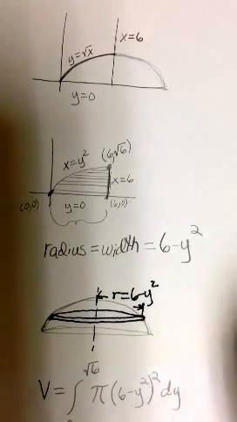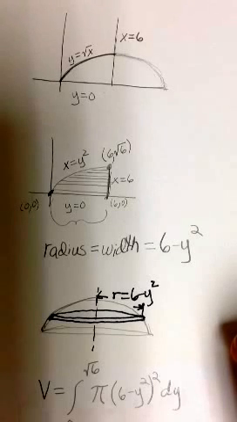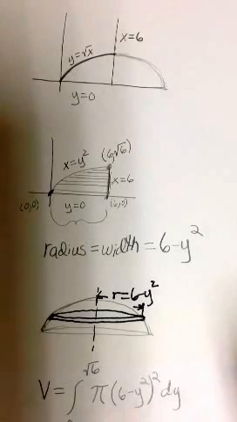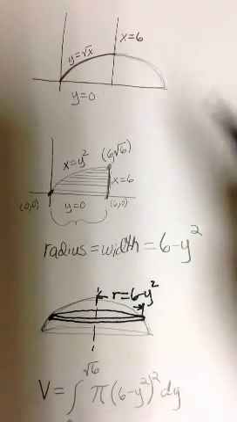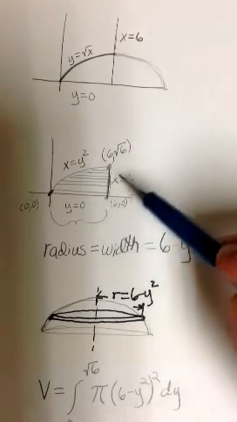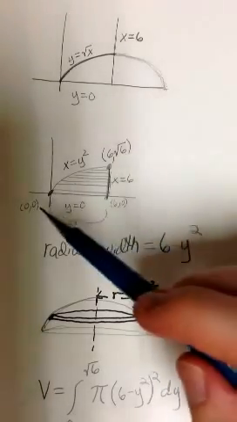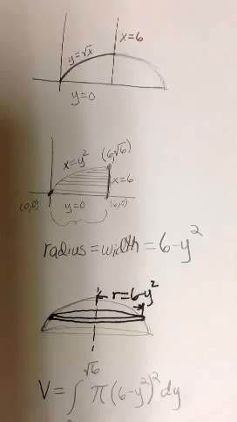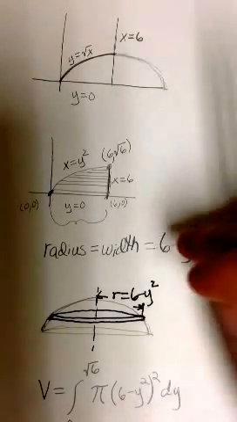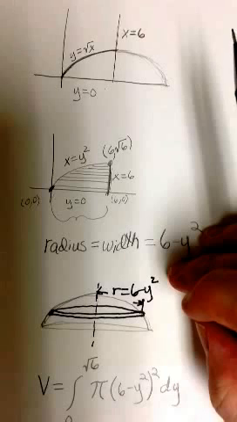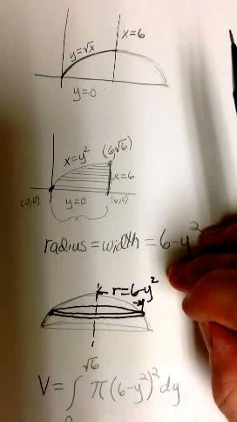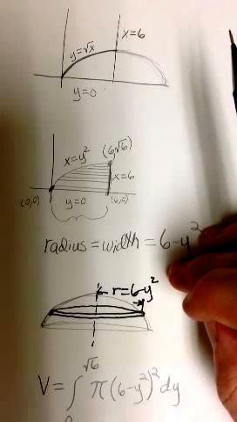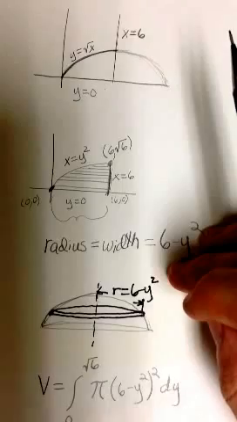And now for the volume that is going to be generated about the line x is equal to 6, we're going to integrate over y. So we have at the base y is equal to 0, and the top portion of the triangular section is going to be at y is equal to the square root of 6.